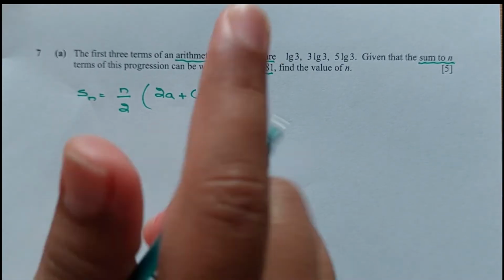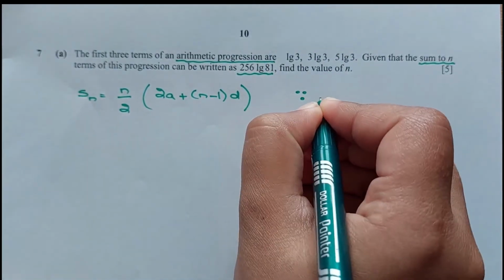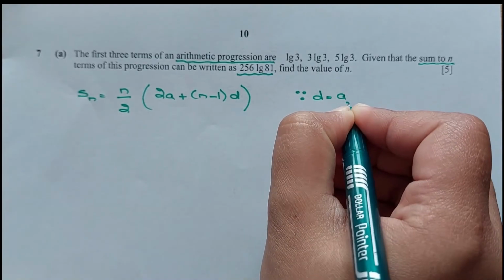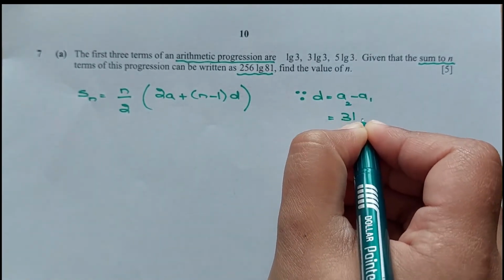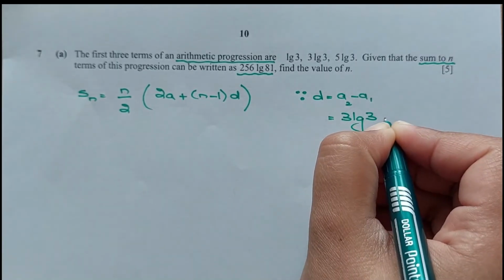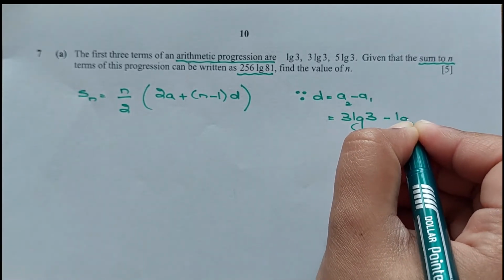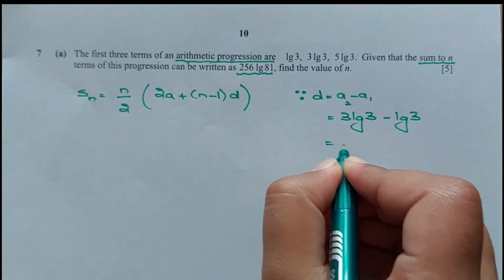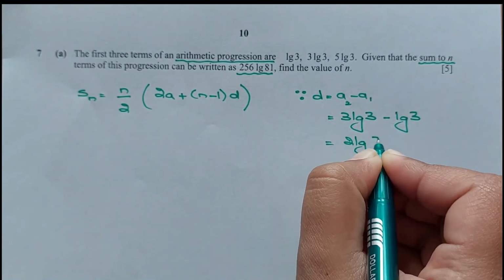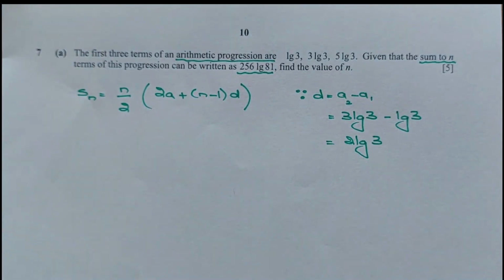So let me find the d value. d is basically the second term subtract the first term. The second term is 3 log 3 minus log 3. So 3 minus 1 is 2 log 3. 2 log 3 is the common difference.